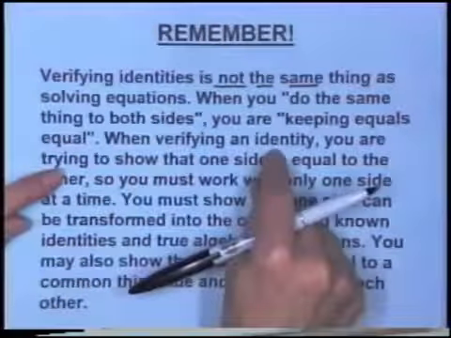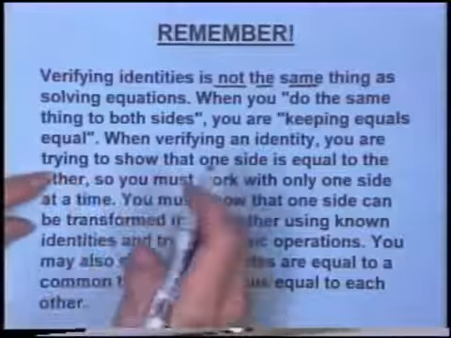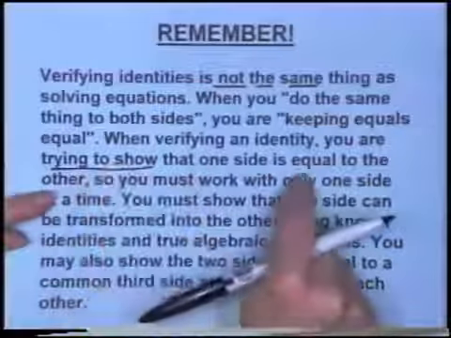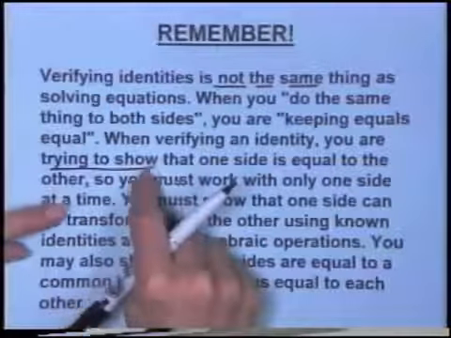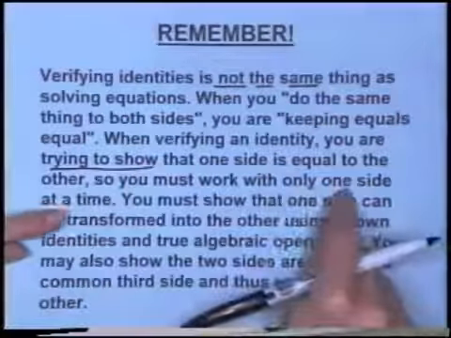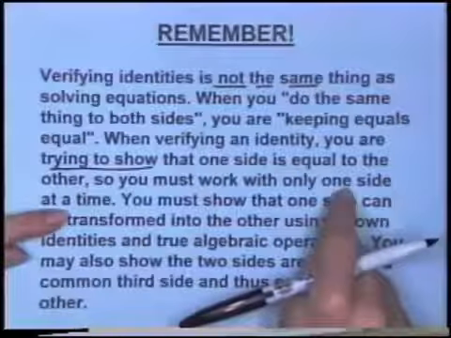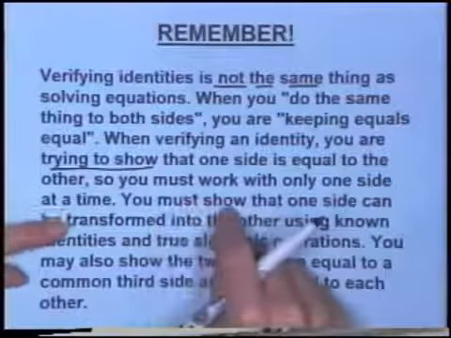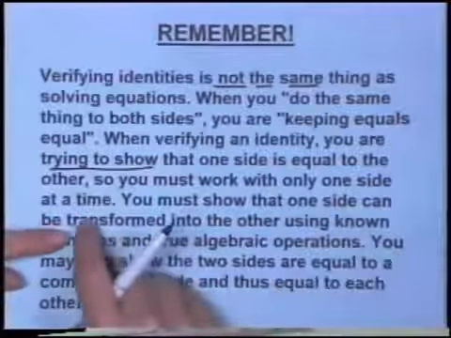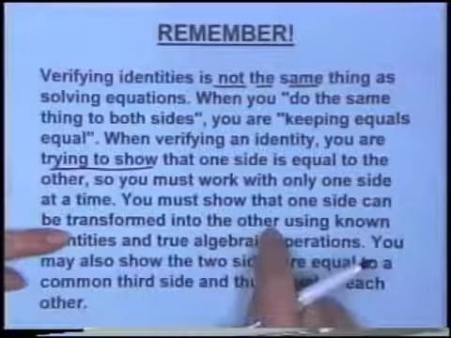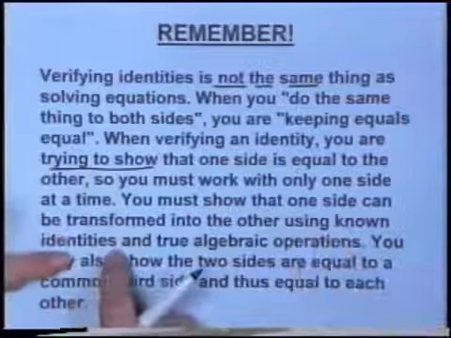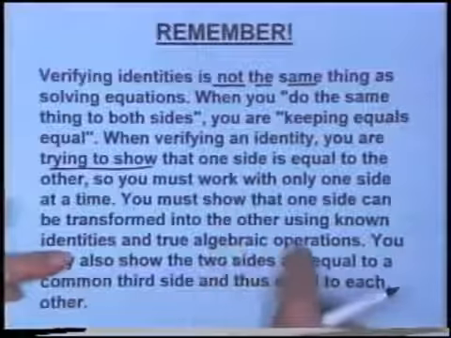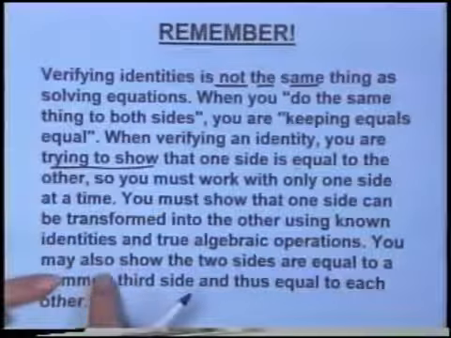But notice, when you're verifying an identity, you are trying to show that one side is equal to the other. You don't know that they're equal, you're trying to show that. So you must work with only one side at a time. You can't add the same thing to both sides or whatever. You must show that one side can be transformed into the other using known identities, that would be our fundamental identities, and true algebraic operations.